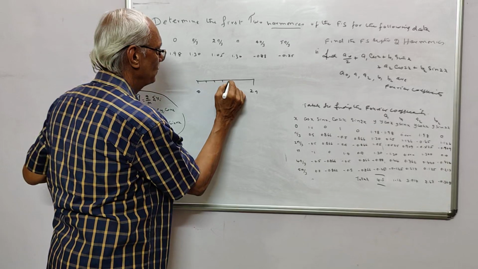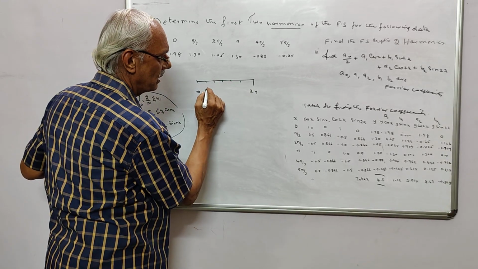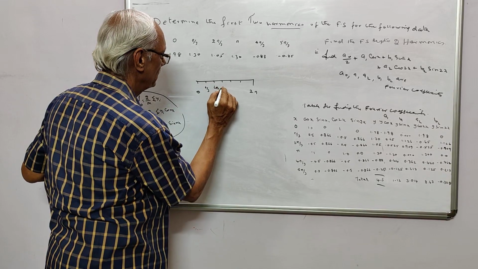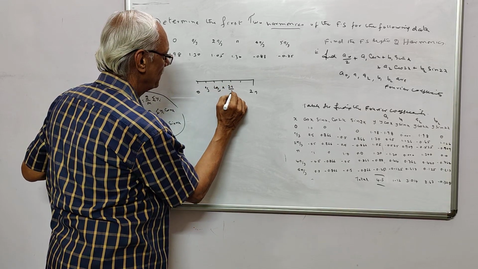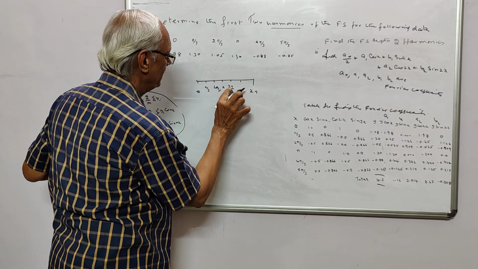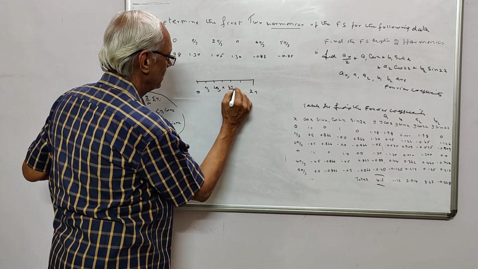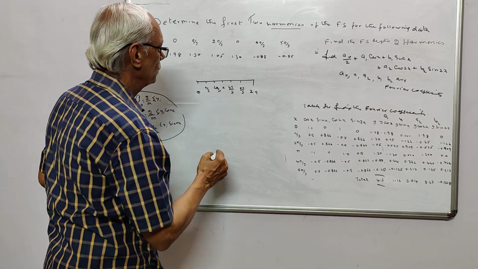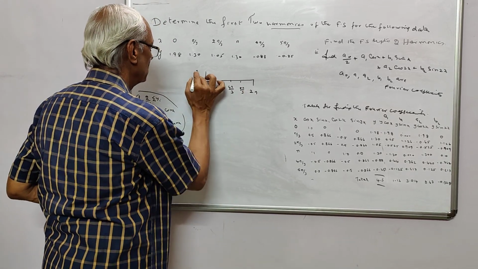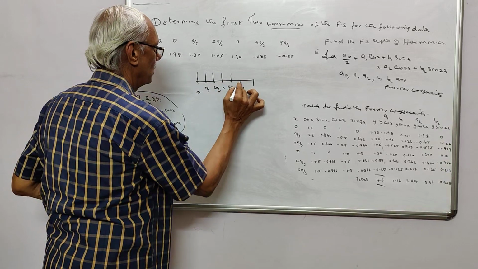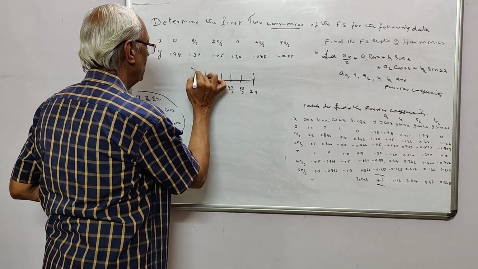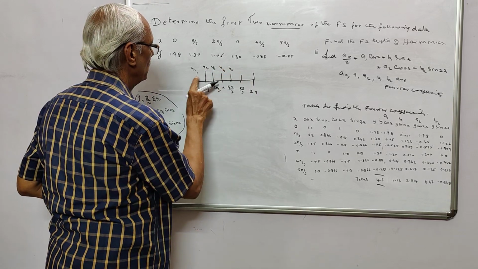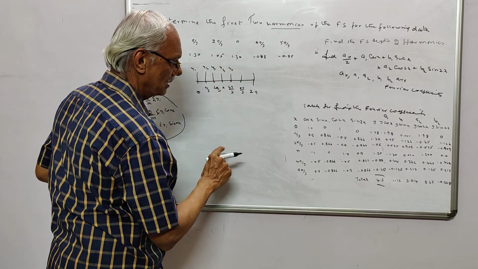So this is pi by 3, then 2 pi by 3, then pi, which is 3 pi by 3, 4 pi by 3, then 5 pi by 3. At these places you get y1, y2, y3.